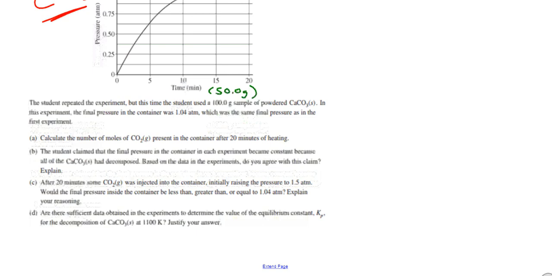Are there sufficient data obtained in the experiments to determine the value of the equilibrium constant Kp? So I want Kp, for the decomposition of CaCO3 at 1100 Kelvin. So, you know what? Better question.